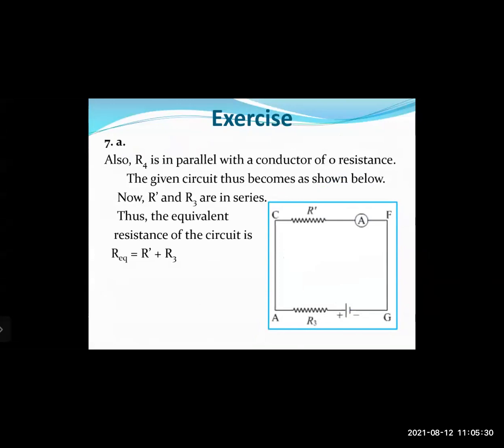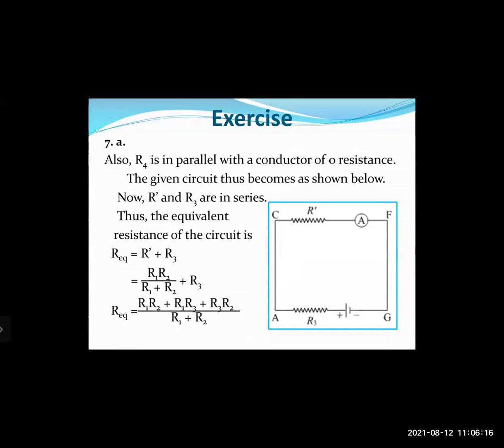Now, if we substitute the value of R dash, what do we get? R equivalent equals R1 R2 divided by R1 plus R2, plus R3. Now, if you solve this equation, what is the equivalent resistance we get? It is R1 R2 plus R1 R3 plus R3 R2, divided by R1 plus R2. Okay, so we have solved the value. We have got the equivalent resistance for the circuit.